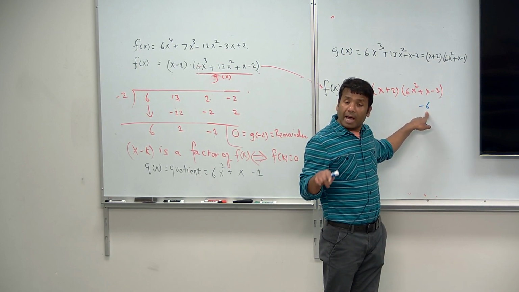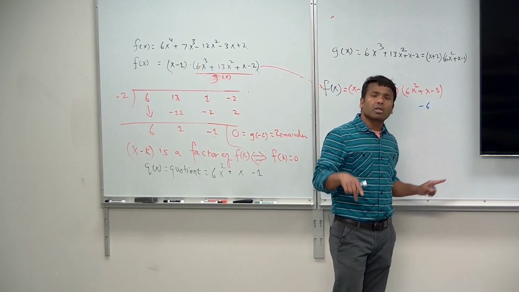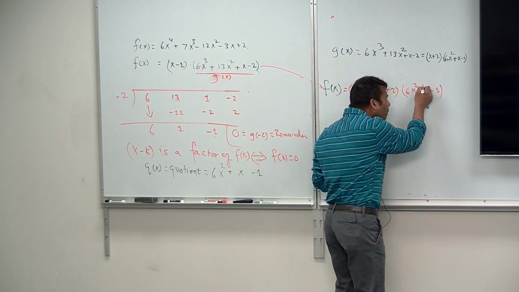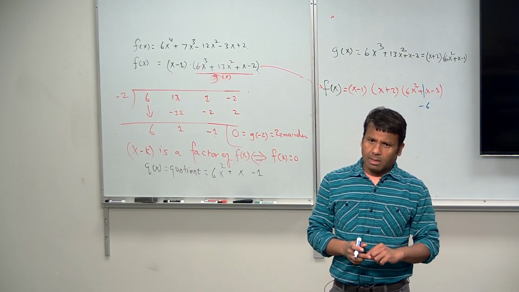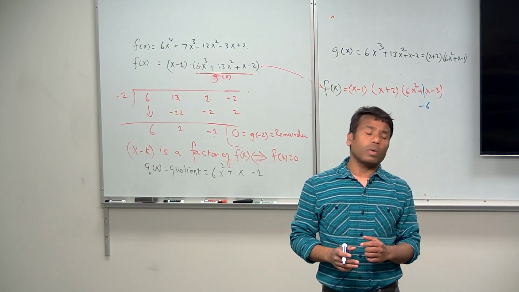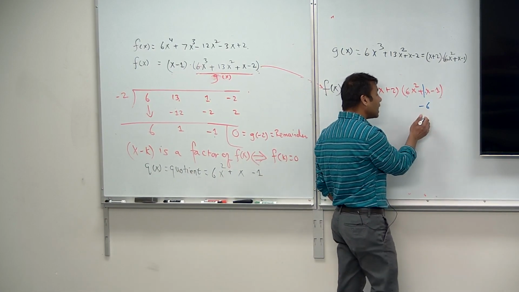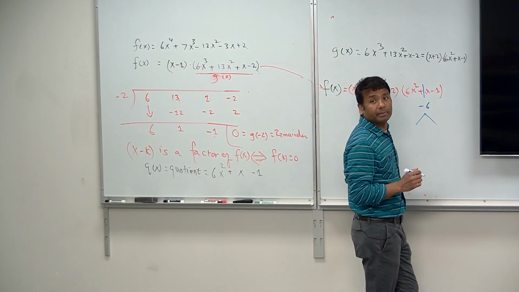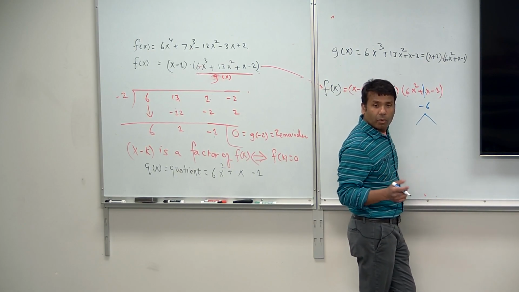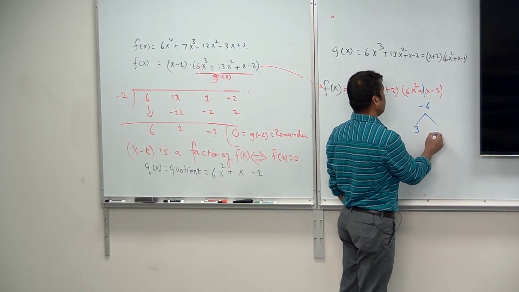You need to find a pair of factors of negative 6 such that the sum is positive 1, which is the coefficient of x. Is that right? So let us find the factors of negative 6 such that the sum is positive 1. What are they? 3 and negative 2. Exactly, 3 and negative 2.